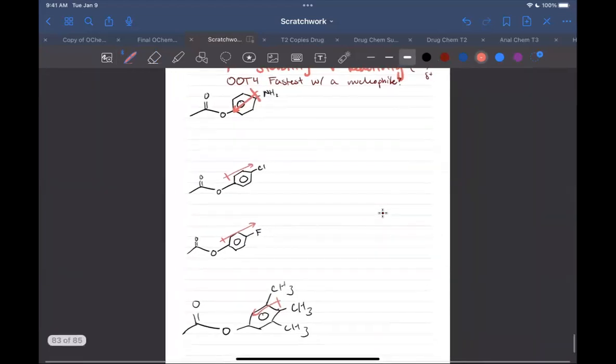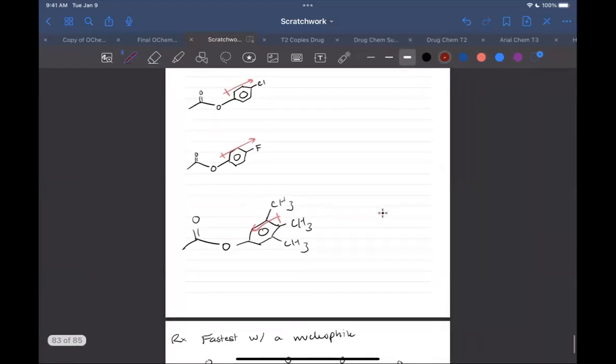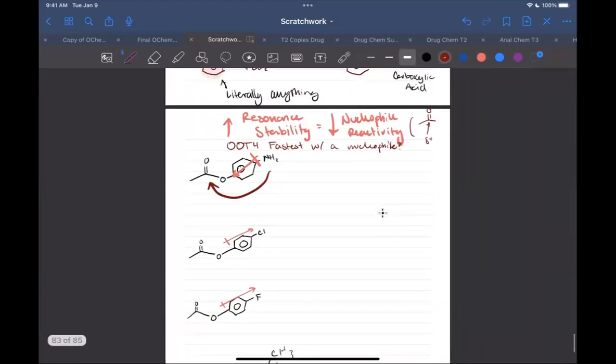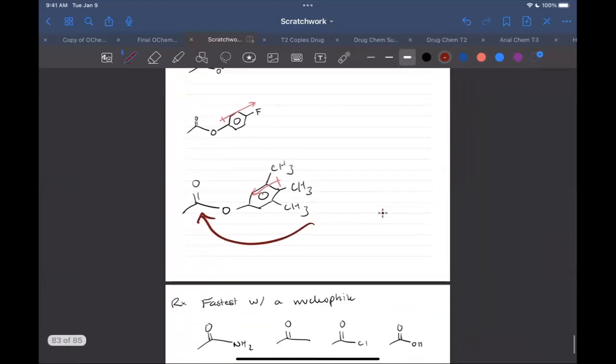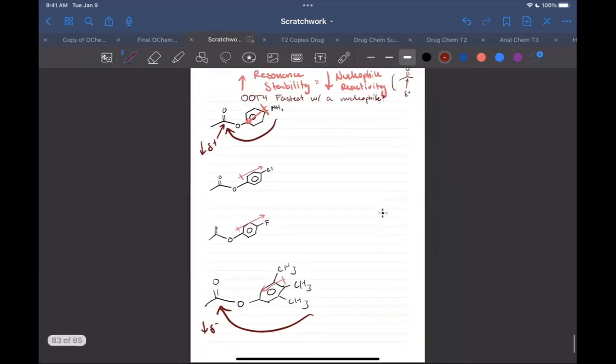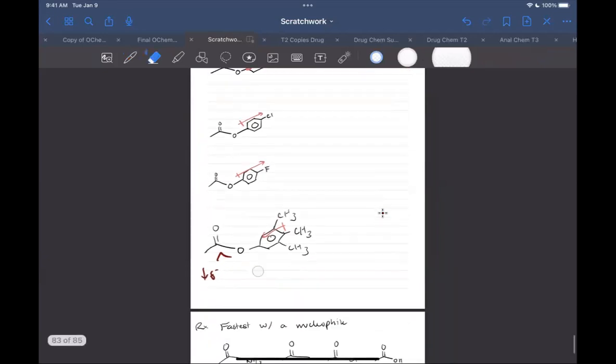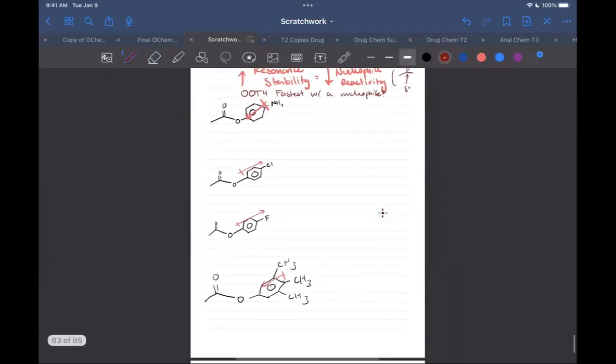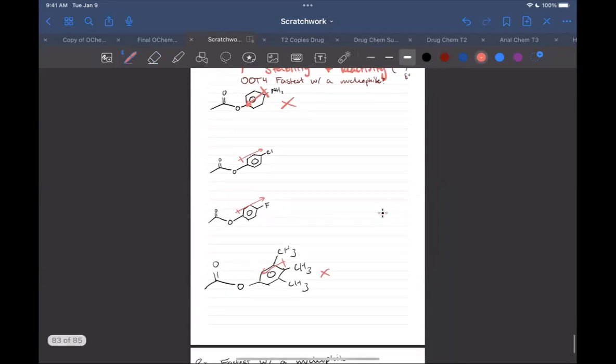So if these are donating electron density into the system, well, the carbonyl carbon is not as partially positive. They decrease in partial positivity because the electrons are being delocalized, being pulled into that carbonyl carbon. So they're not going to react as fast with the nucleophile. So if groups are donating electrons into the carbonyl carbon, they do not react as fast with nucleophiles.